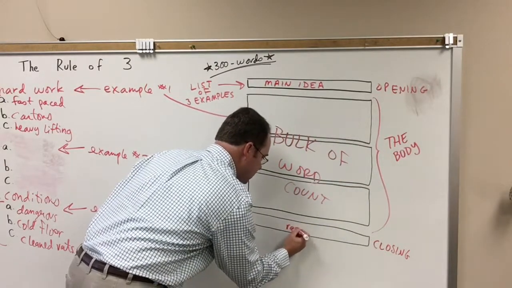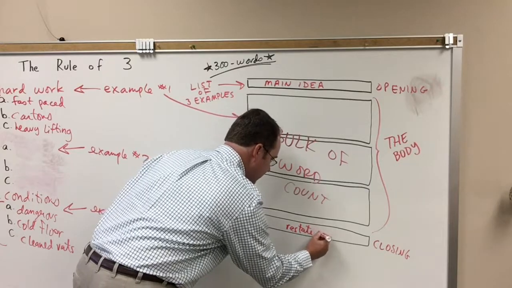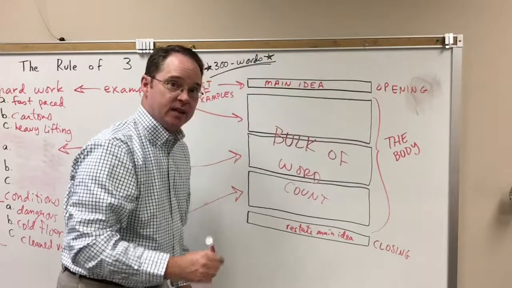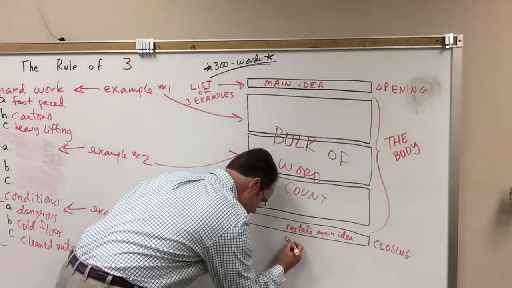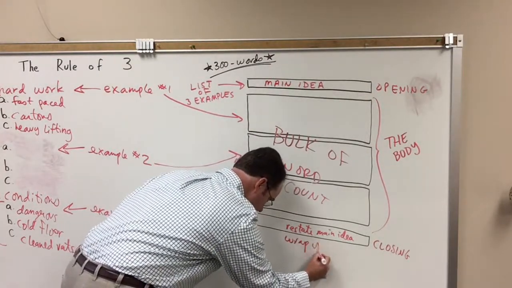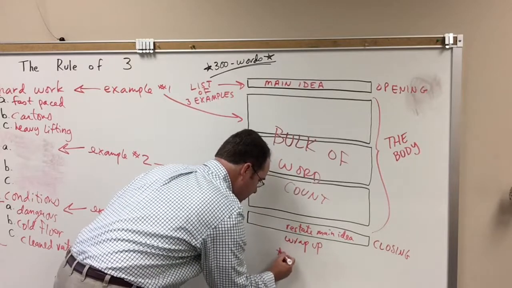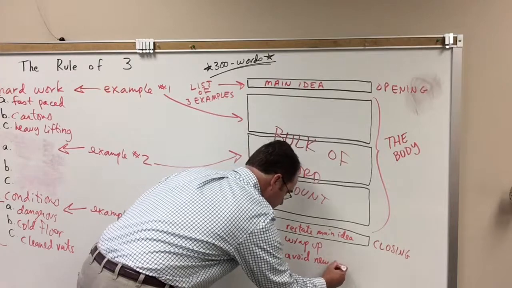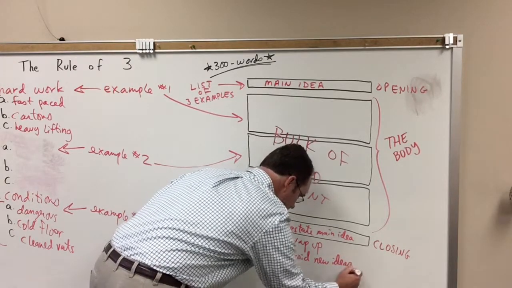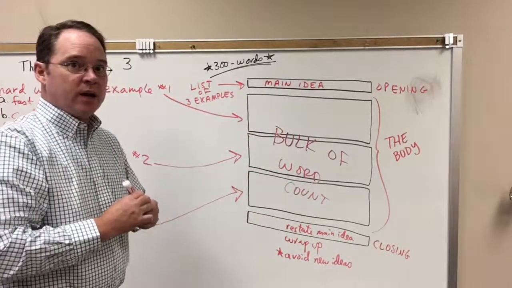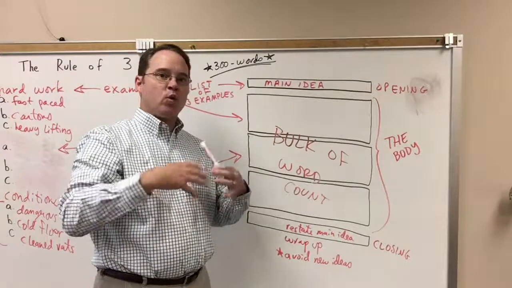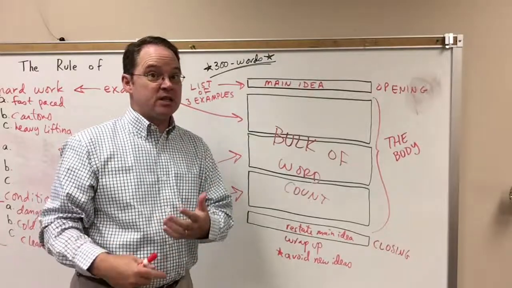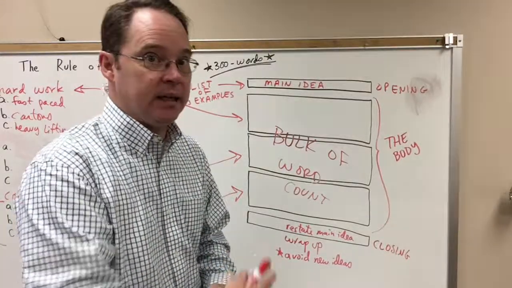And what you want to do in your closing is to restate the main idea, wrap up your paper, and please remember to avoid new ideas, right? At the end of a paper, you never want to open up a new can of worms, because unlike movies, there's not a sequel guaranteed, right?